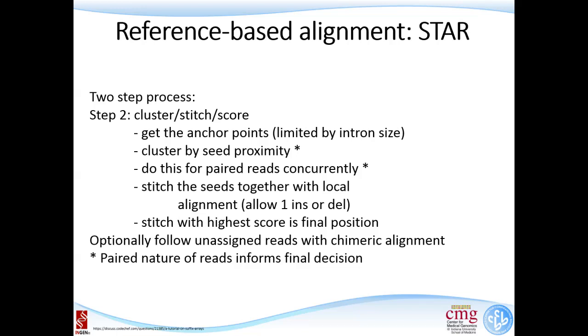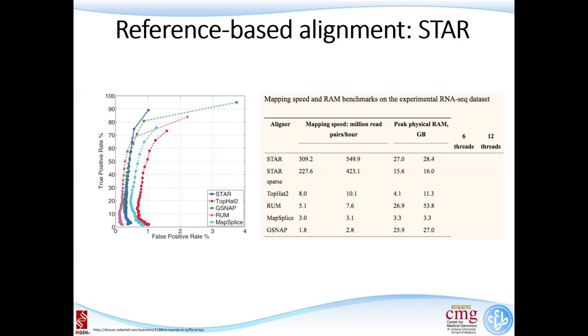So step 2 is just resolving both of these reads from a pair so that the distance between the two ends of the split reads makes sense. But again, the biggest factor in this is the insert length distribution, which is the distance between the two ends of the reads.